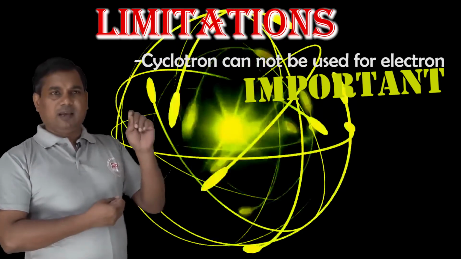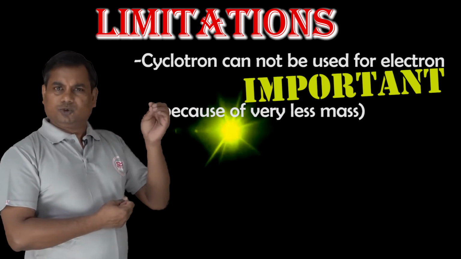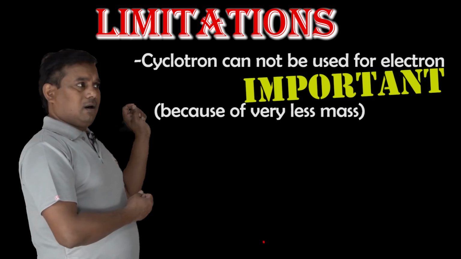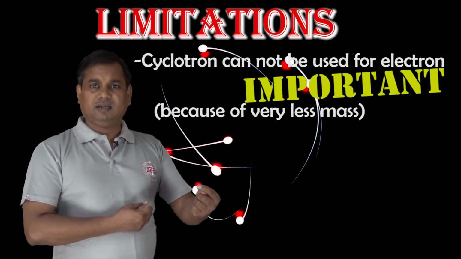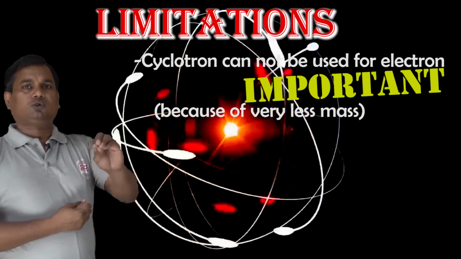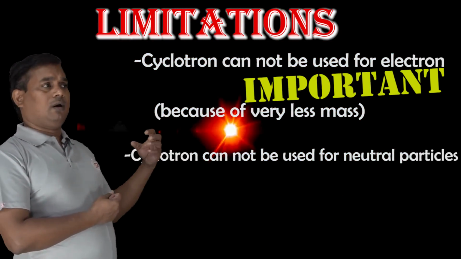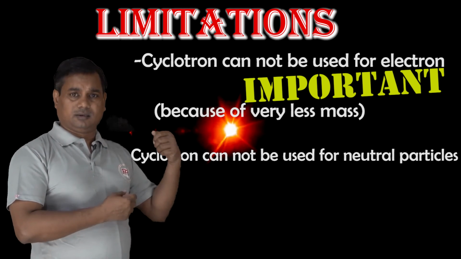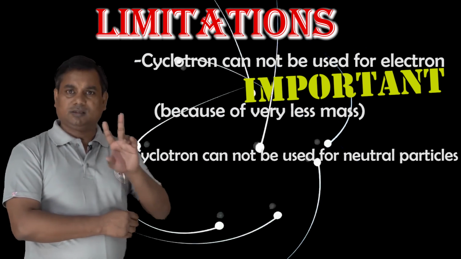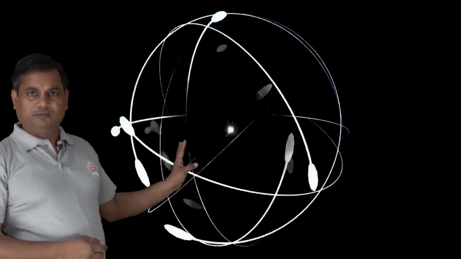Because of their very small mass. So this is one limitation of the cyclotron. Electrons are not made energetic with this cyclotron, and neutral particles are also not accelerated or energized by this device. So these two are its limitations. So that's all for the cyclotron.